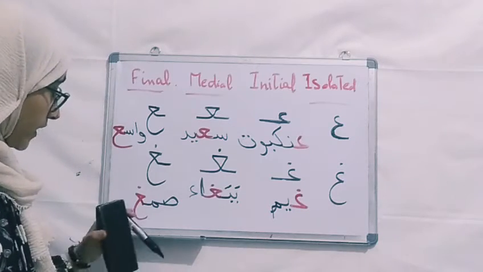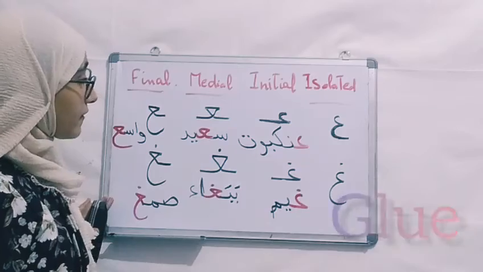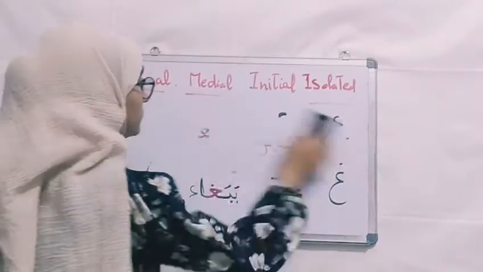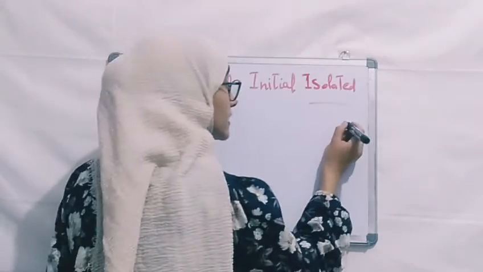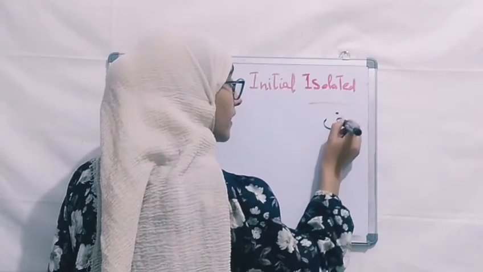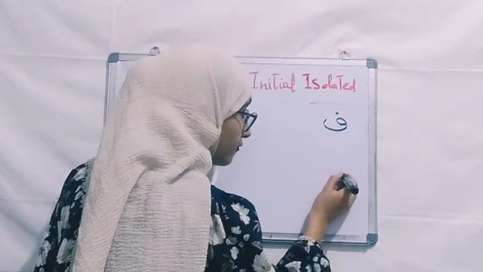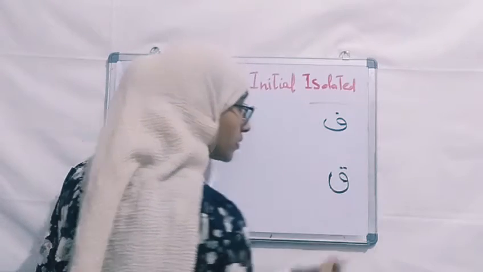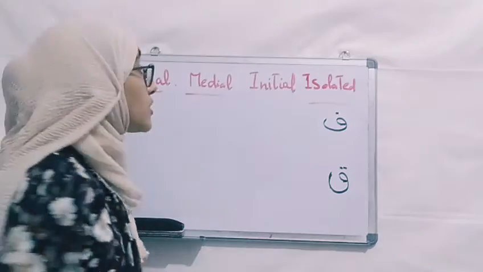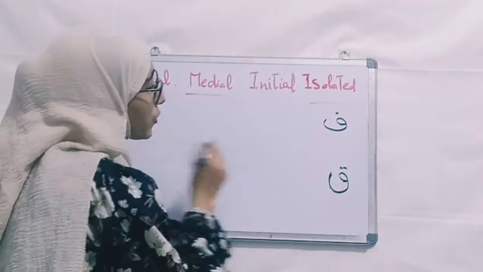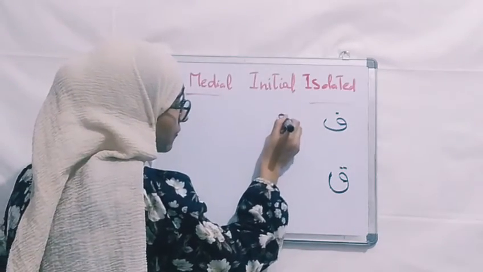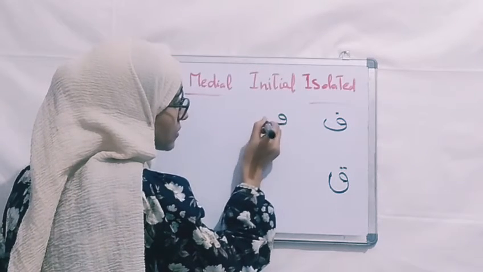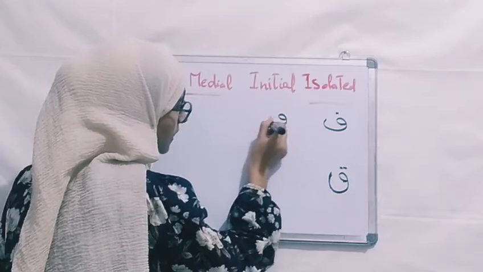Then we have fa and qaf. Fa, like this, qaf, like this. Two dots on top of it. So fa, in initial form, you write fa as normal, then instead of curve it, you keep this straight because it needs to be connected to other letters.